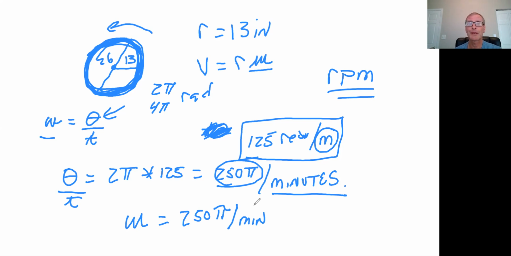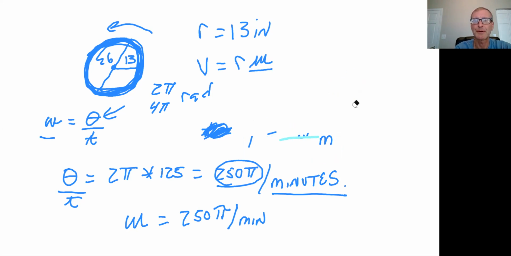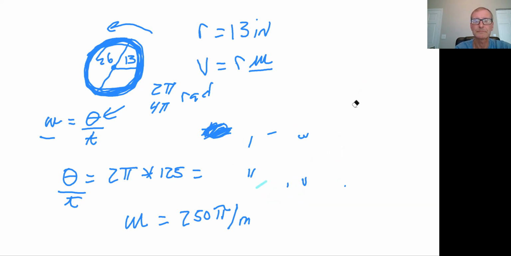So now we want to get linear speed. And if we take a look at the linear speed, I'm just going to get the eraser out here and get rid of a few of these things. I'll leave my wheel up there.